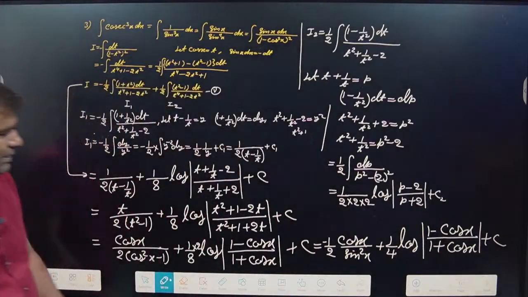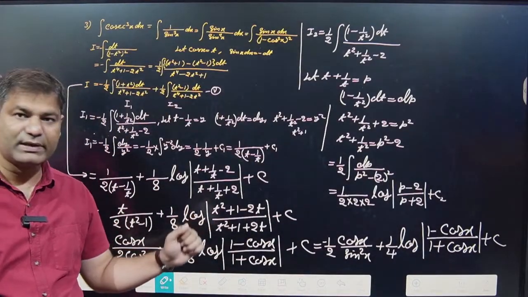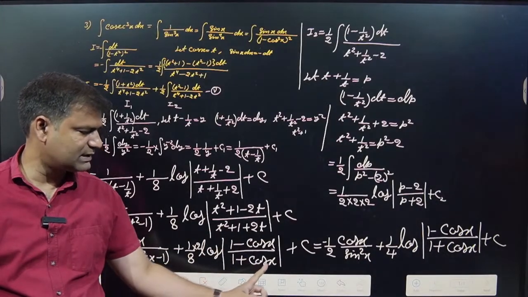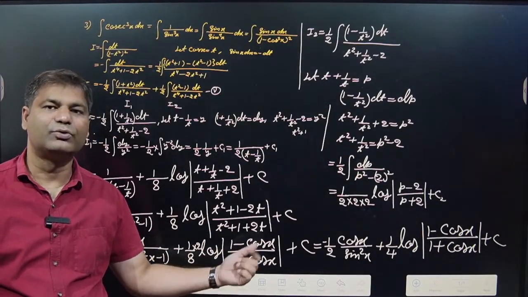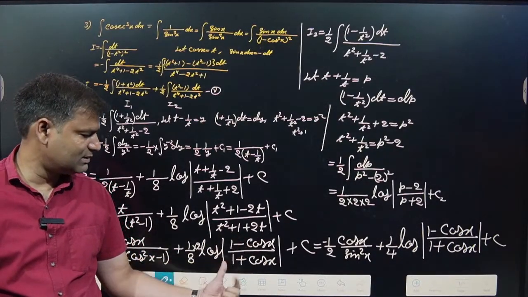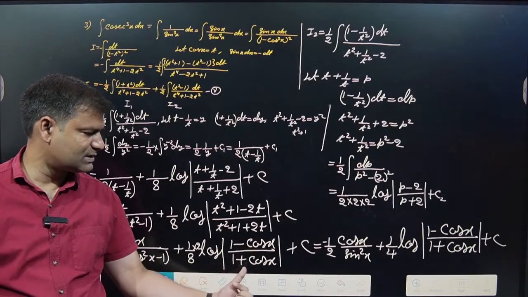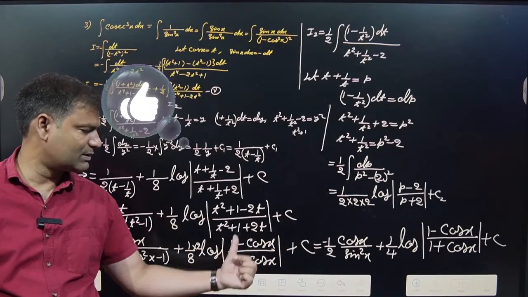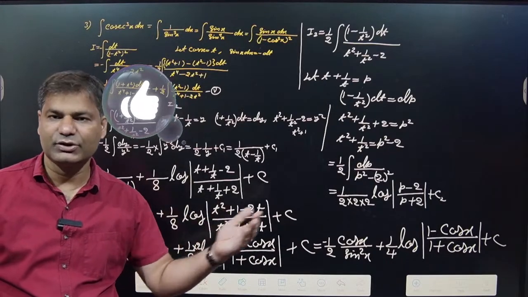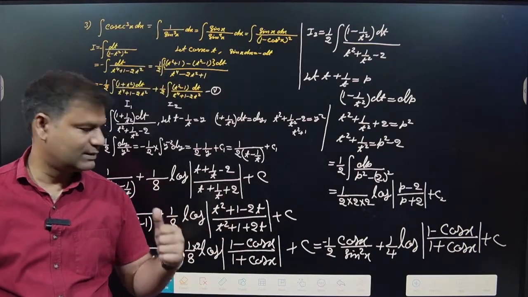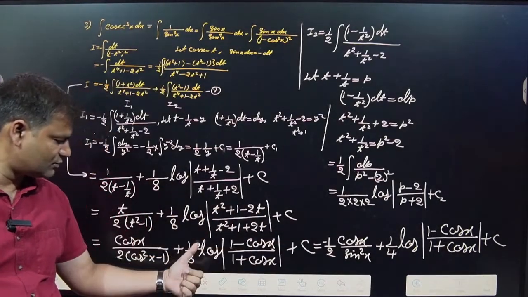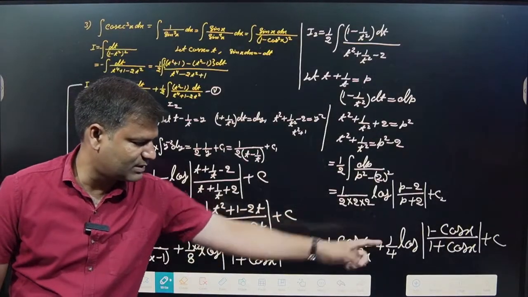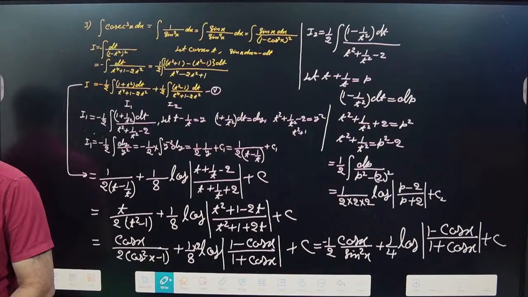This one is (t plus 1) to the whole square, or you can say (1 minus cos x) to the whole square, here (1 plus cos x) to the whole square, so basically (1 minus cos x) upon (1 plus cos x) to the whole square, and this 2 to the whole power log a square means you can write 2 into log a, so that 2 is going here, so 2 into 1 by 8, so 1 by 4. So that's why 1 by 4 is written here.